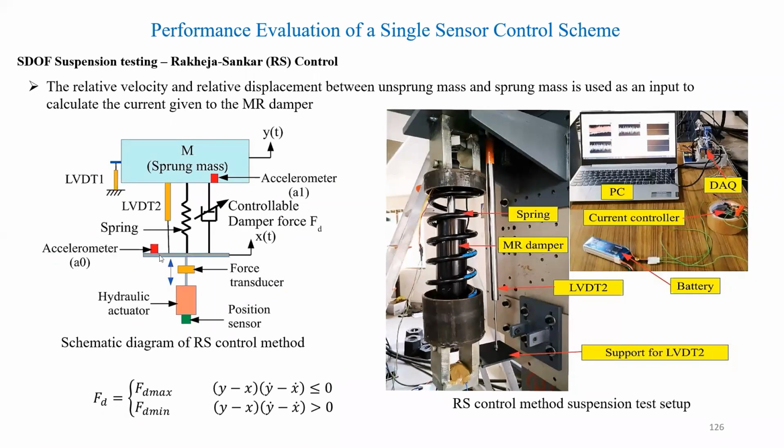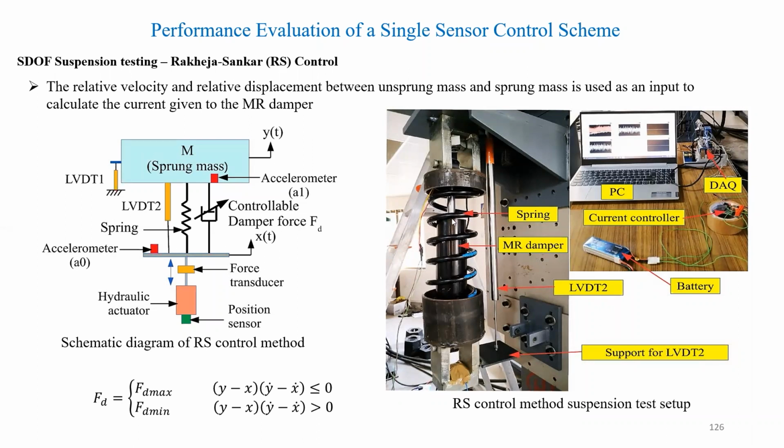Same thing: you disturb this mass, and then you control it using the damping force. They have controlled it only once. In our experiment, we have controlled it twice because we have placed the primary mass and then designed the separate controller system, as I just showed. They have done this in a single setup.